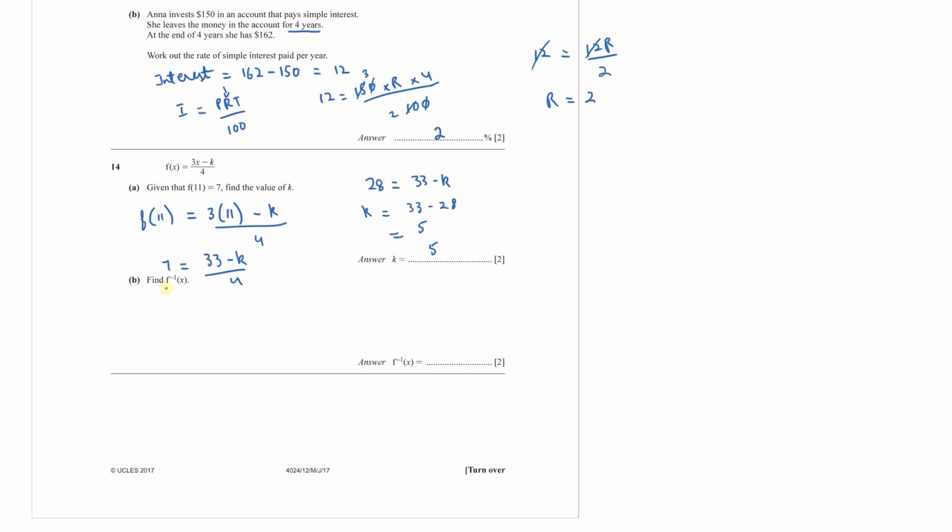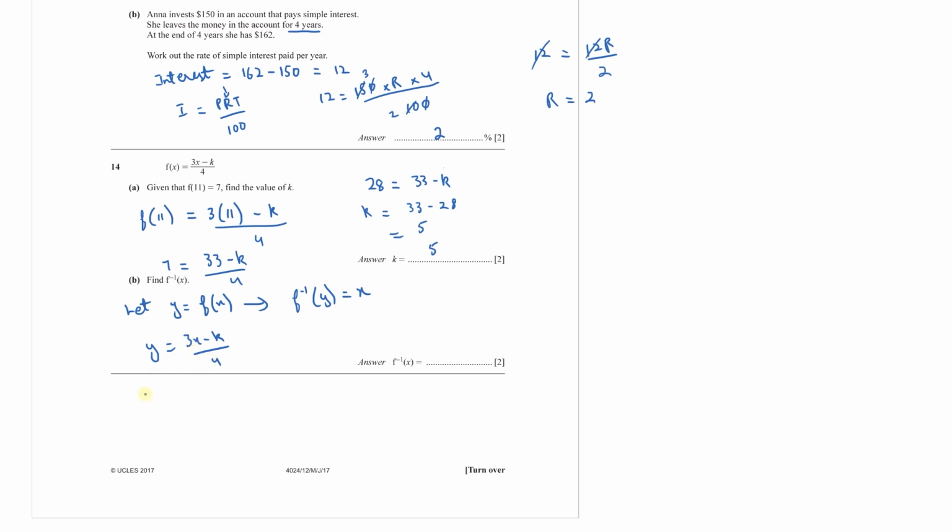Part B is find f inverse of x. So let y equals to f of x. This gives you, if I take f on the other side, f inverse of y equals to x. So if y equals to f of x, I can write 3x minus k over 4, and then I can make x the subject of the formula.